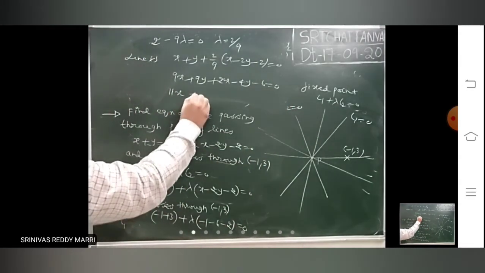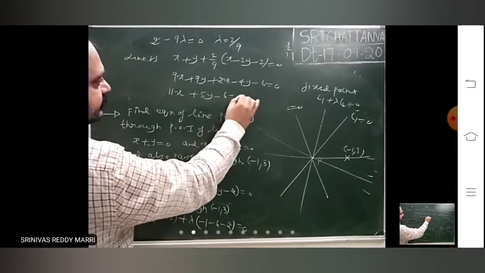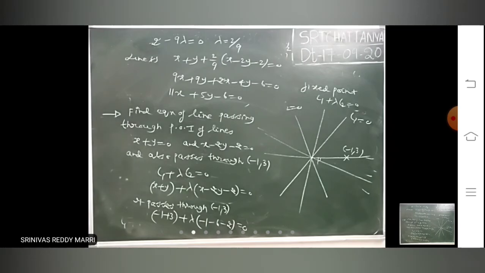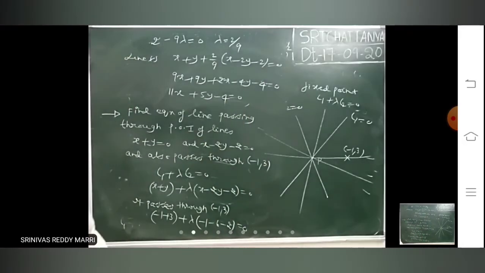That means 11x plus 5y minus 6 equal to 0.